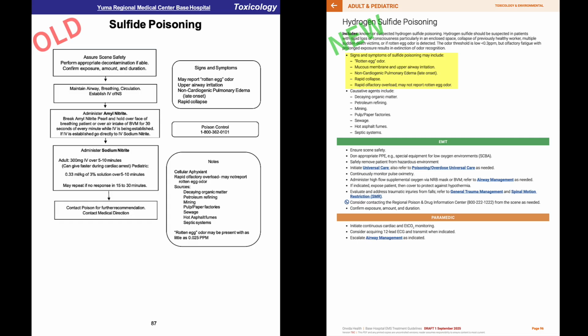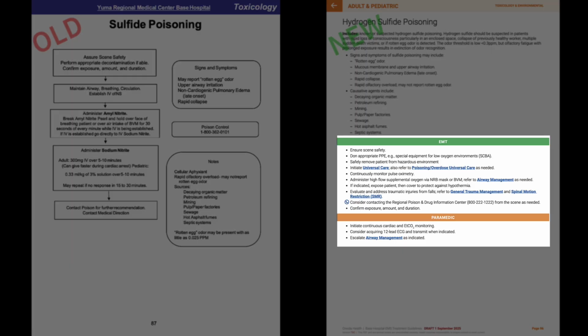Both versions list similar environmental sources: decaying organic matter, sewage, hot asphalt fumes, mining, petroleum work, and septic systems. The new Onvida version improves on a few key points. It emphasizes scene safety and PPE with clear direction to use SCBA in low oxygen environments.